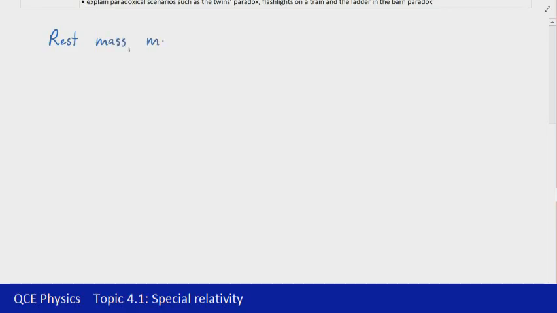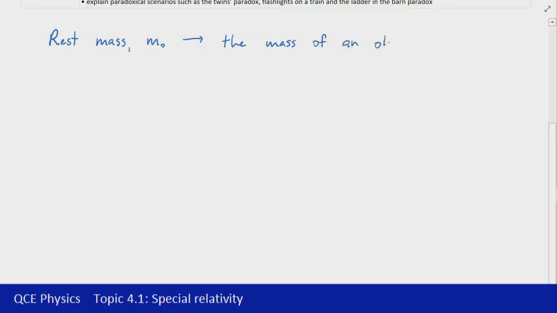You'll note that we use a subscript naught the same way that we do for proper time interval and proper length. The definition here is fairly similar to the definitions for those two quantities of proper length and proper time interval.